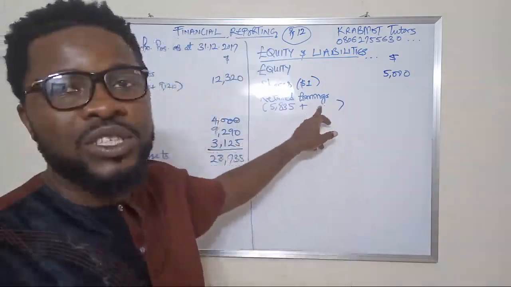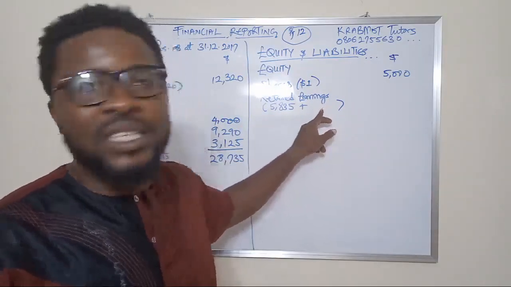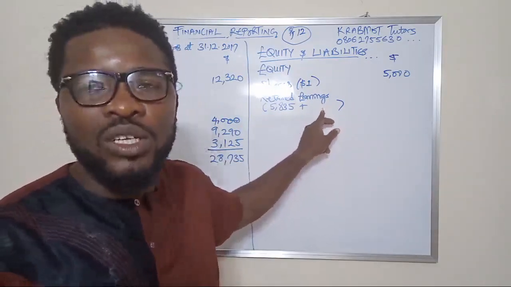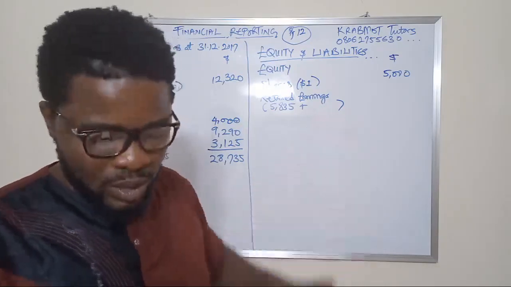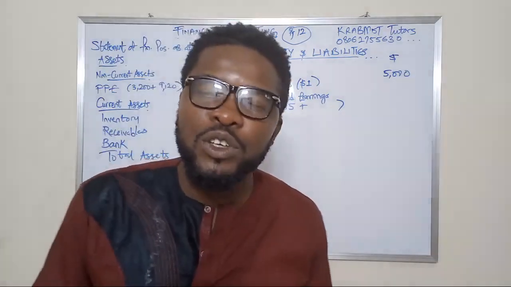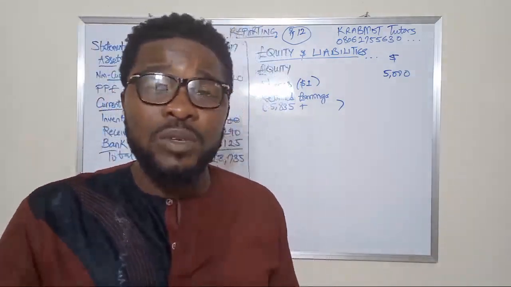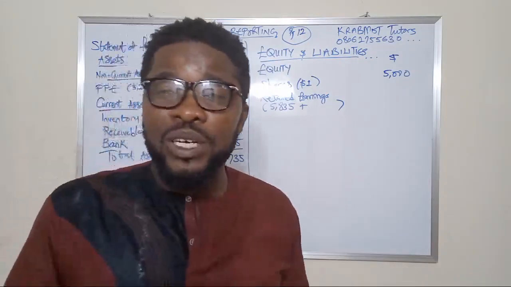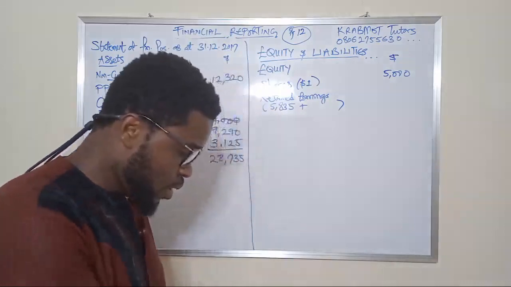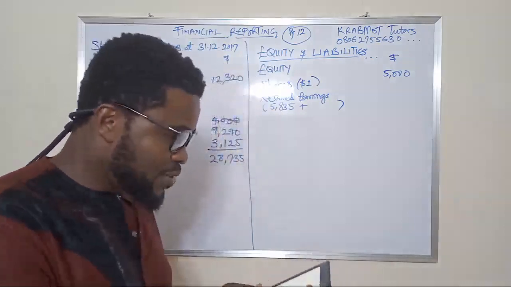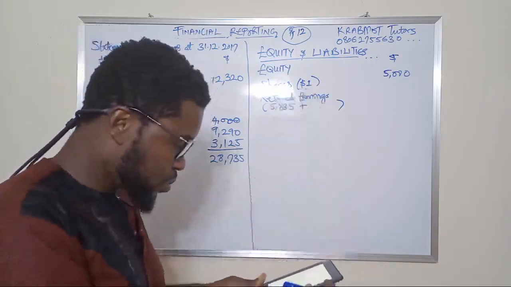We cannot put this in here because we have not done the statement of profit and loss and other comprehensive income. That is normally why before you do the statement of financial position, in a question like this, you should do the statement of profit and loss and other comprehensive income. But we did not do it. Sorry about that. Let's try and fill up the other spaces, then we'll get back to this.